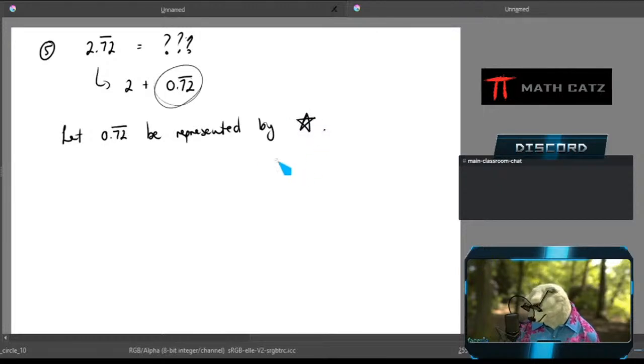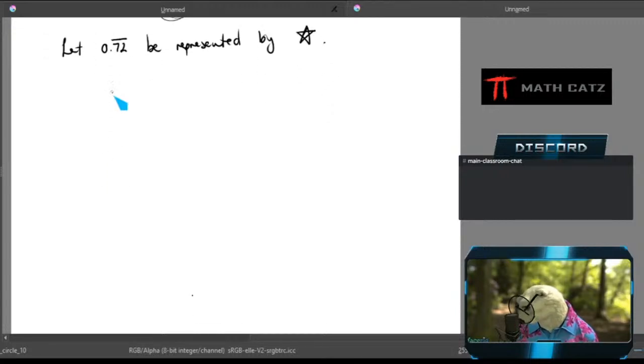Now behind the star is the fraction version of this, and I'm trying to figure out what that is. All right. So my star symbol equals 0.72 repeating.